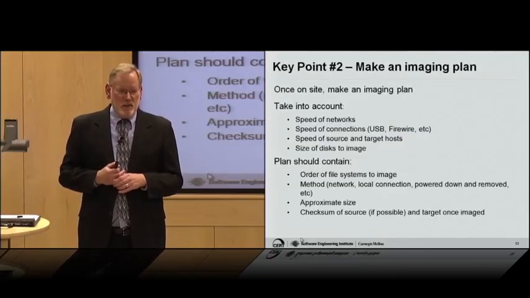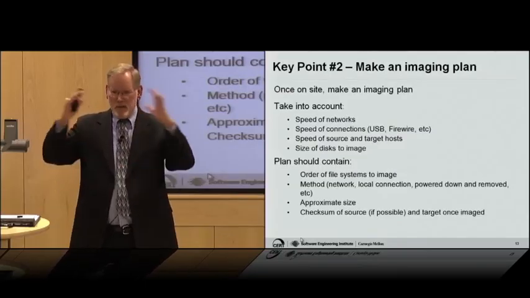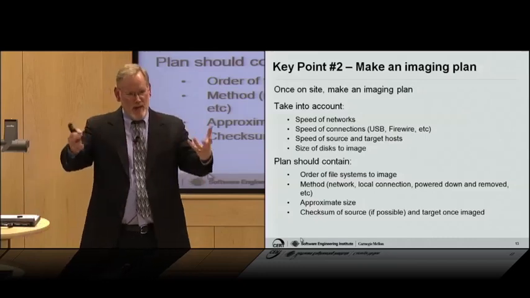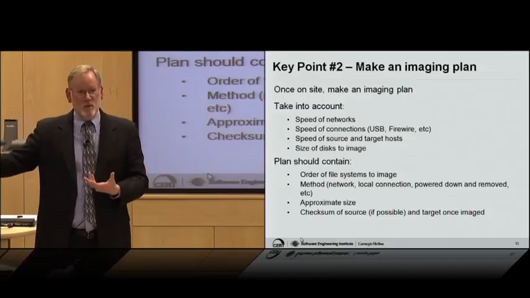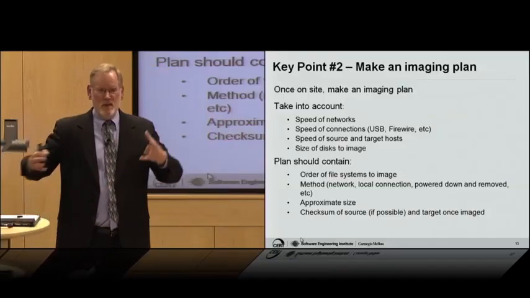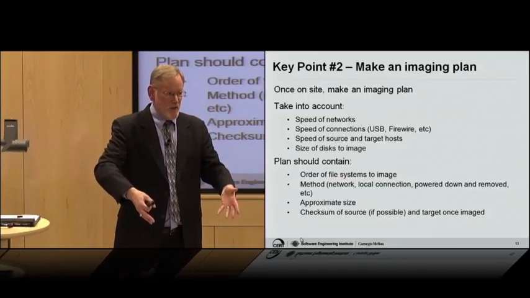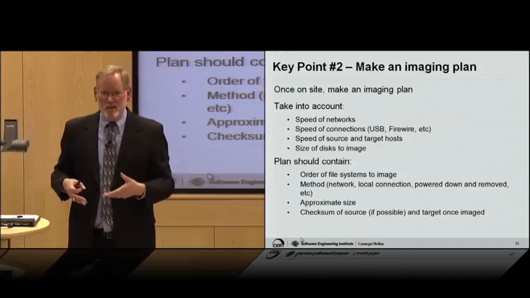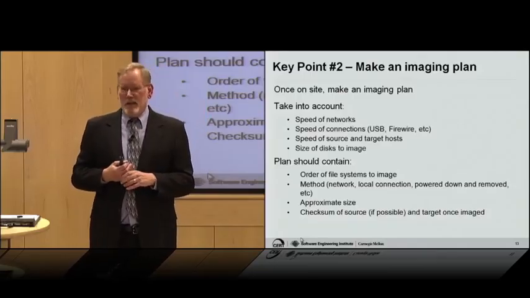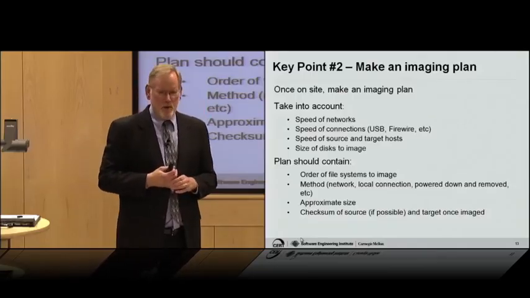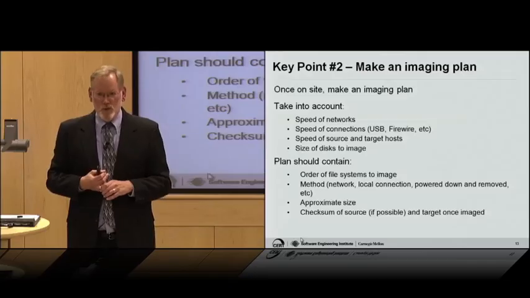Once you're on site, you need to make a plan, which means somebody sits down, you've done a triage step, which is identifying where you think all the good stuff is. Then you figure out the order you're going to deal with it and the specific dependencies, like this is a USB 1 connection. It's going to take 3 days to image this 200 megabytes because it is so slow.